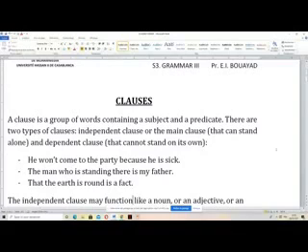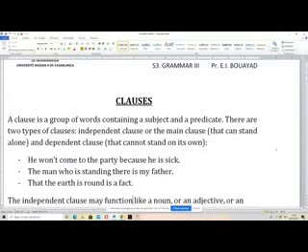So remember, clauses in general consist of a group of words containing a subject and a predicate, and there are two types of clauses. We have the main clause and the subordinate or the dependent clause. And a subordinate clause may be introduced by a subordinating conjunction or any other conjunction.